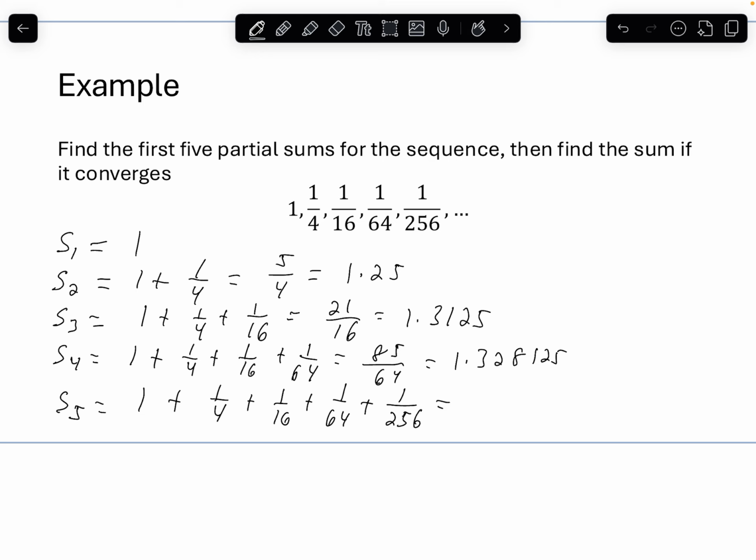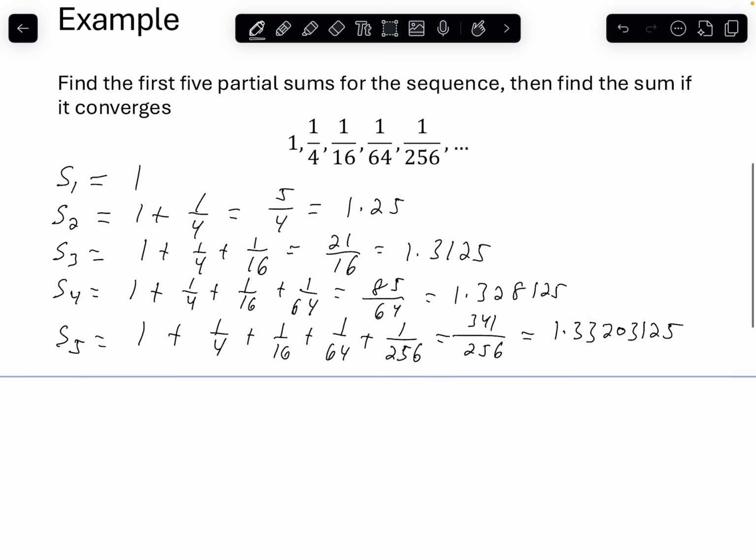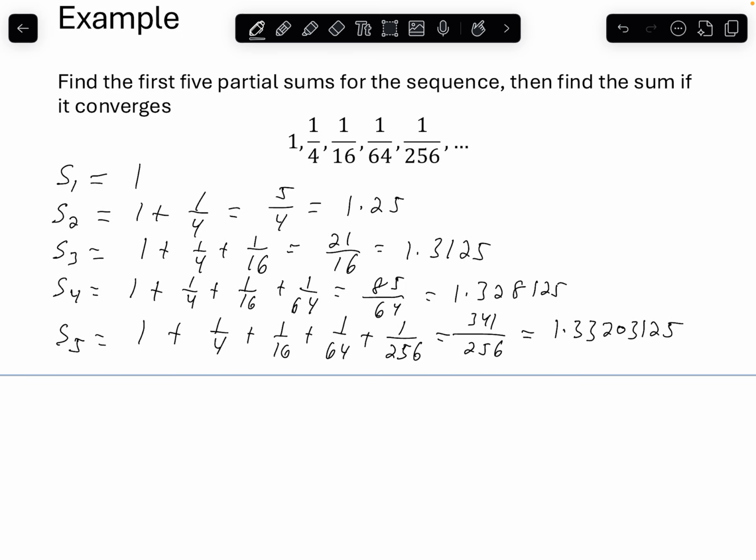So as a fraction, this is 341 over 256. And as a decimal, that is about 1.33203125.